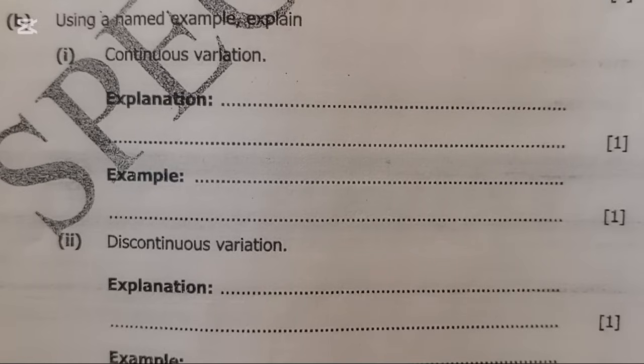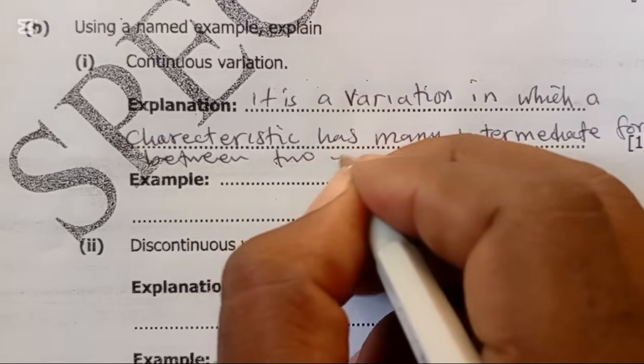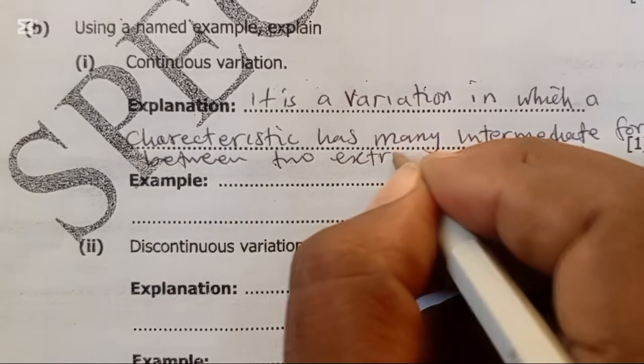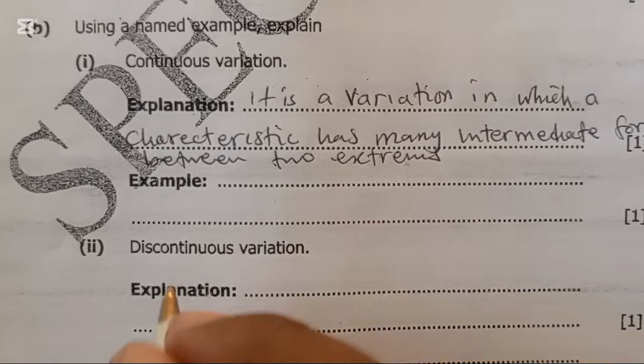So continuous variation, it is affected by environmental factors such as diet, such as the temperature, humidity, so on and so forth. Also by many genes. So those are the factors that affect continuous variation.